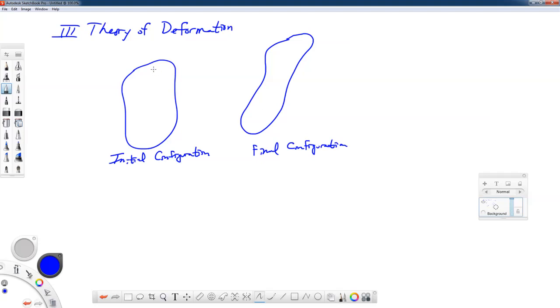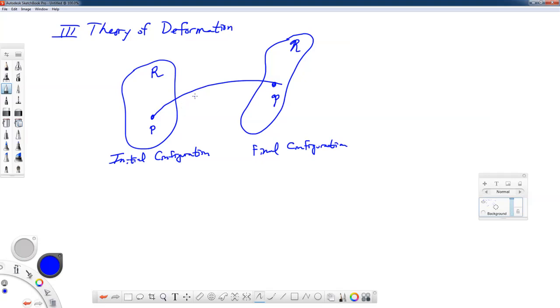Now our initial configuration we'll call R, and our final configuration we'll call script R. And we'll have a point P in the initial configuration that gets mapped over to some point script P in the final configuration. I'll show that transformation by this arrow that connects those two.